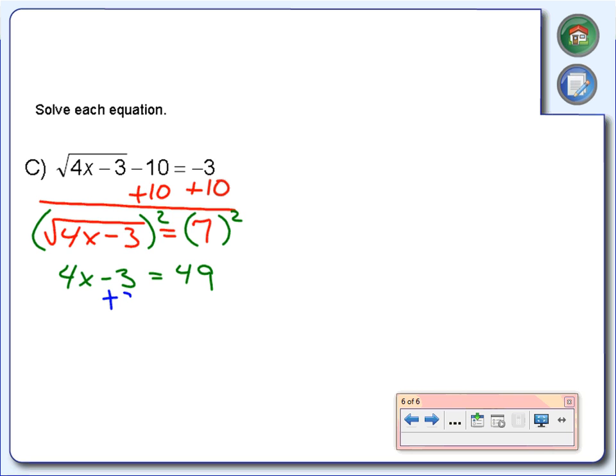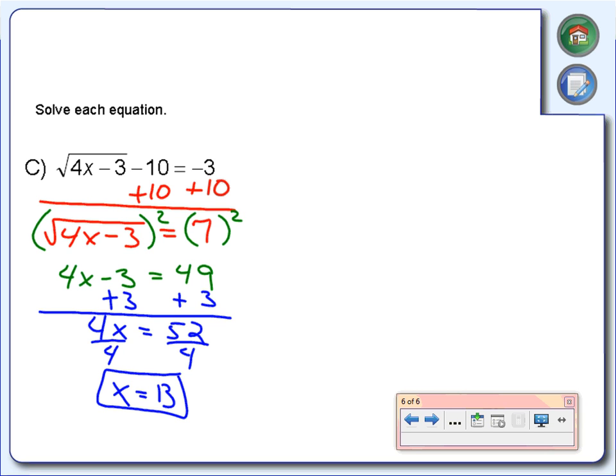So we'll add 3. 49 plus 3 is a 52. Divide that by 4. And 52 divided by 4 turns out to be what? 13.